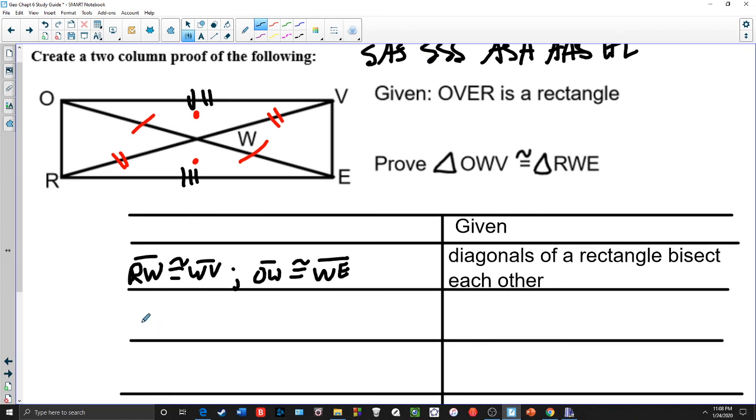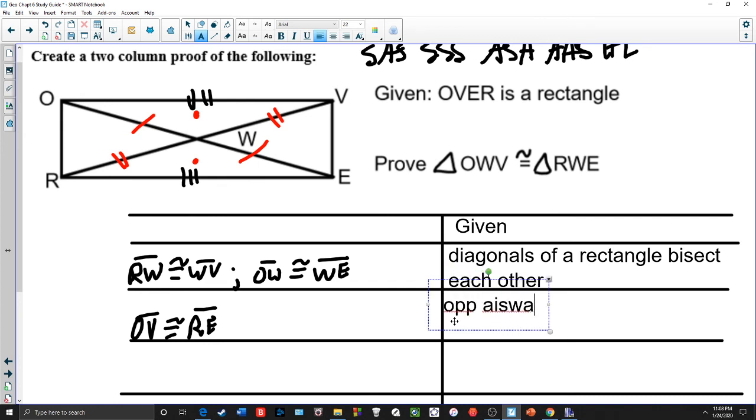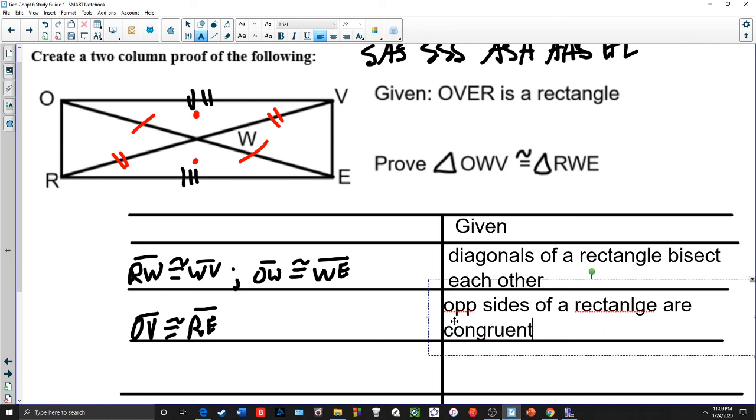So you could say OV, that side, is congruent to RE, the bottom side. Why? Well, let me type this out here. Why is the top and bottom congruent? Well, because opposite sides of a rectangle are congruent.